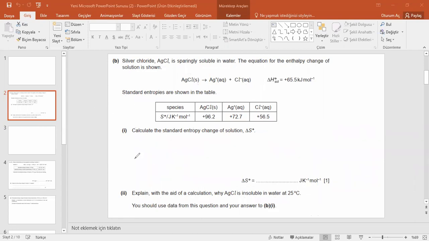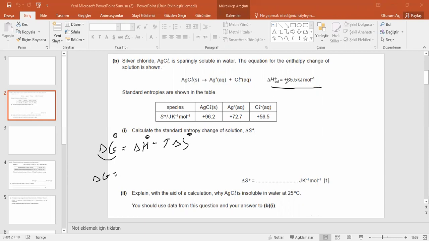So let's calculate it. We know, guys, standard delta G equals delta H minus T delta S. Delta G is the thing that we are supposed to find. Delta H, guys, is given here as the solution. But there is something you have to pay attention to, and most of you make a mistake here, as I noticed with my students.